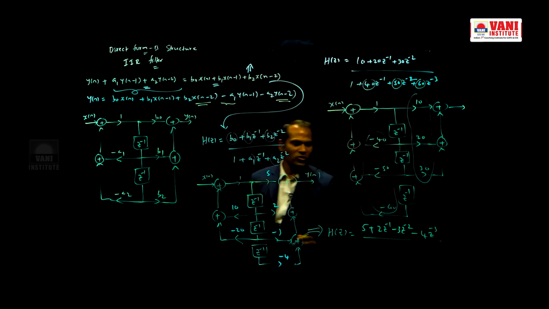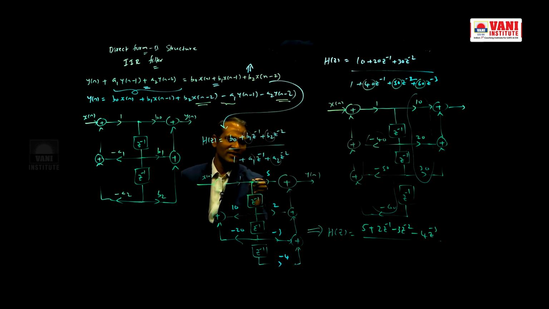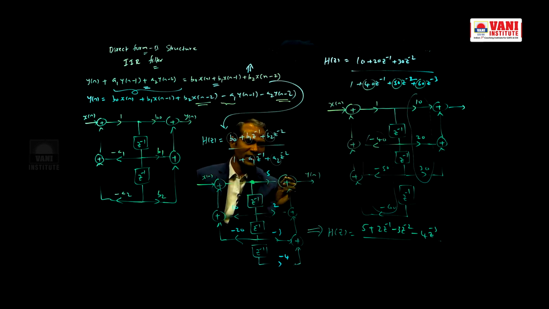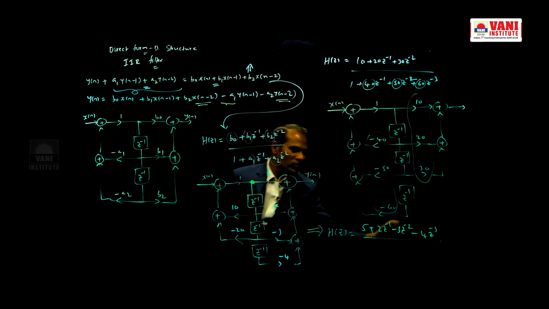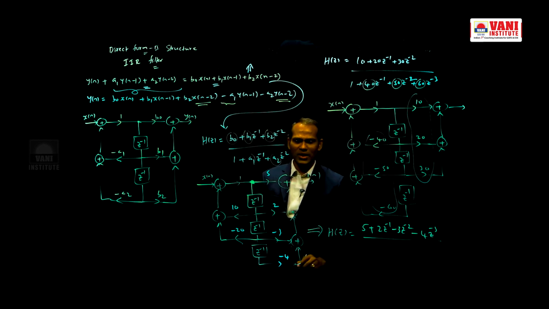That is about numerator. Write the terms in the path. So this path contains 5, and another path in this direction, z inverse into 2, z power minus 2 into minus 3, z power minus 3 into minus 4.